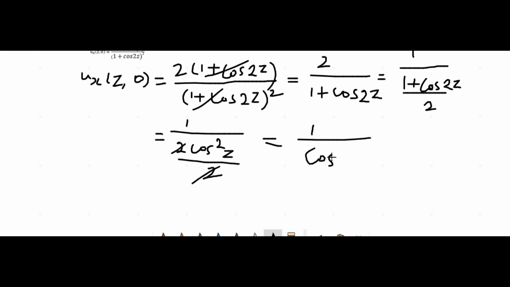We know that 1 by cos square z is secant square z. So this is the value of ux of z comma 0, that is secant square z.